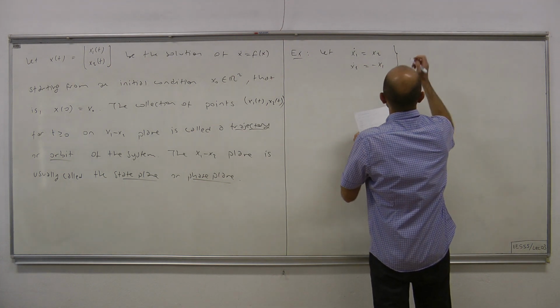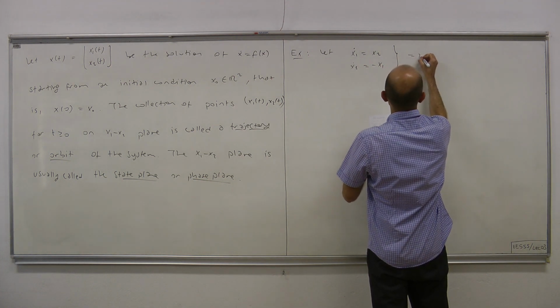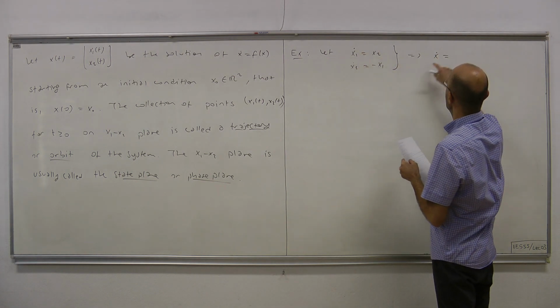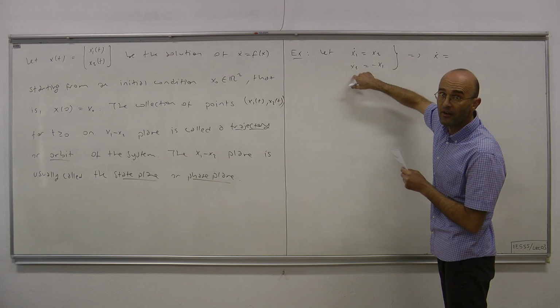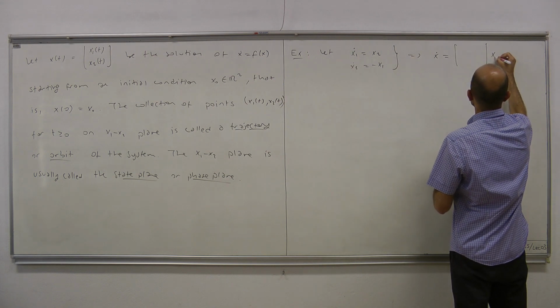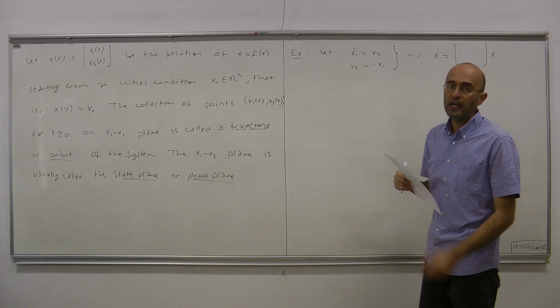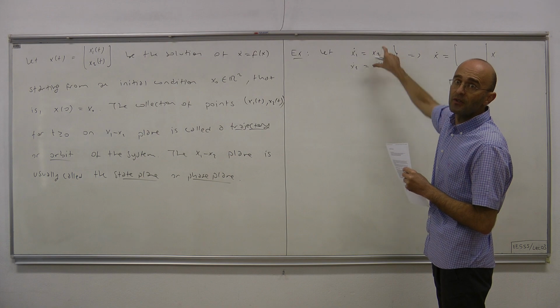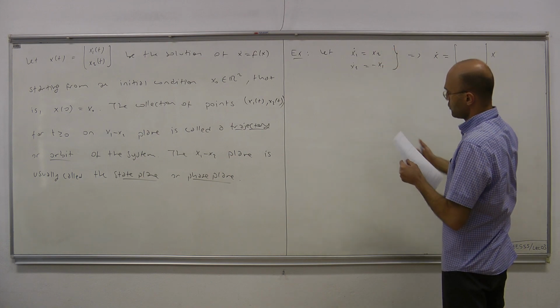Okay. So x is x1, x2, therefore x dot is the vector x1 dot, x2 dot, which equals some matrix times the vector x1, x2. And the entries of this matrix come from these two equations.